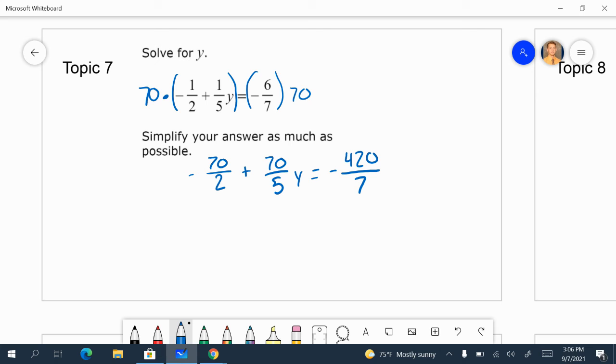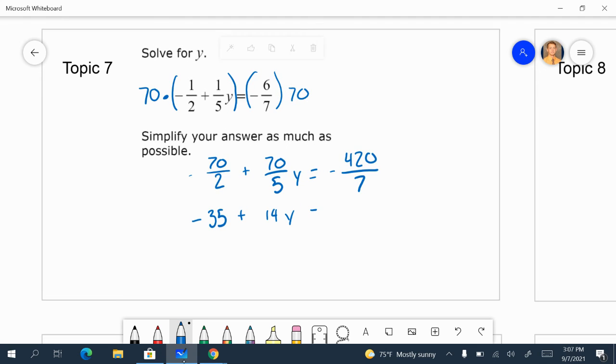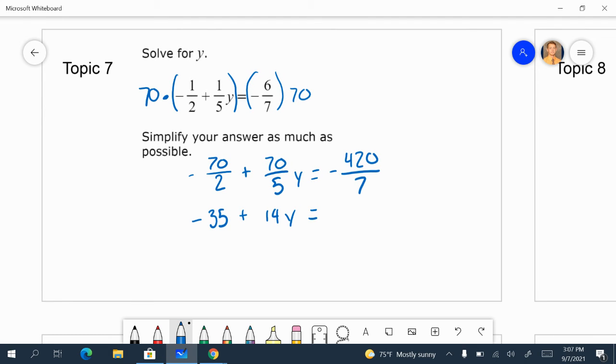But 70 divided by 2 is obviously 35, so we'll do negative 35 plus, now 70 divided by 5 is 14. And then 420 divided by 7 is 60.